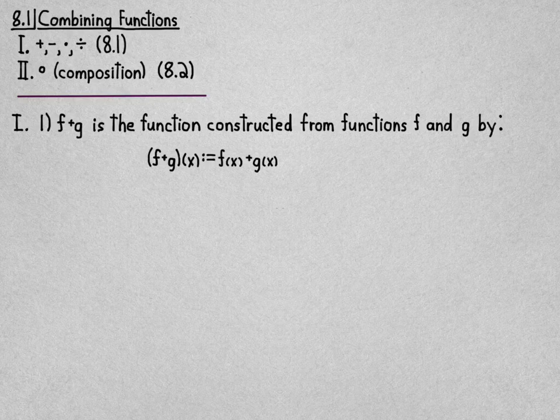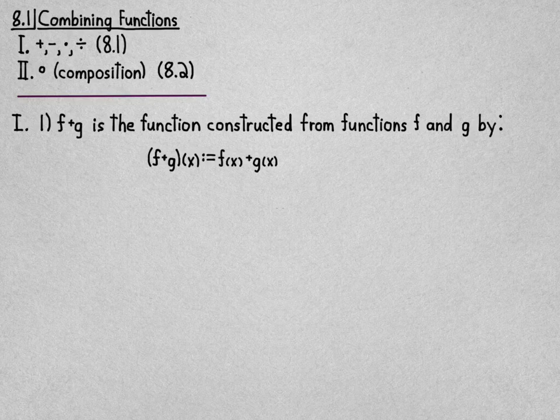That's so you know the name of the function is f plus g, and you don't think that you're adding an f to a g of x, which wouldn't actually make sense unless f was a constant. So (f plus g)(x), the colon in front of the equals just means equals by definition. It's not something you need to know, it's just a habit of mine. So it equals by definition f of x plus g of x.